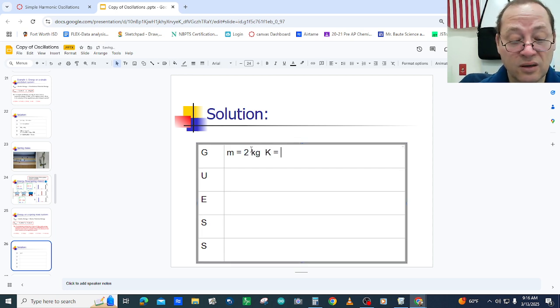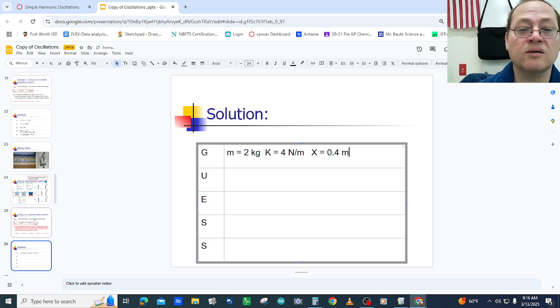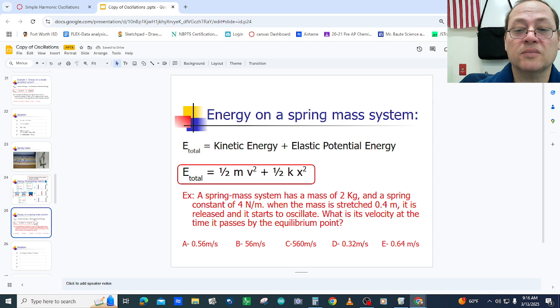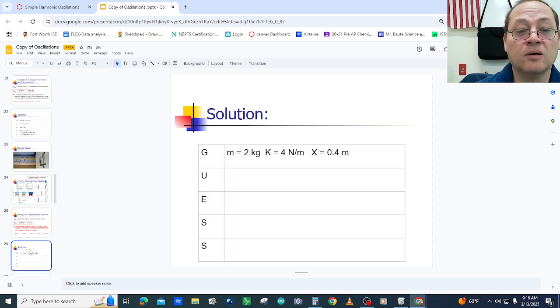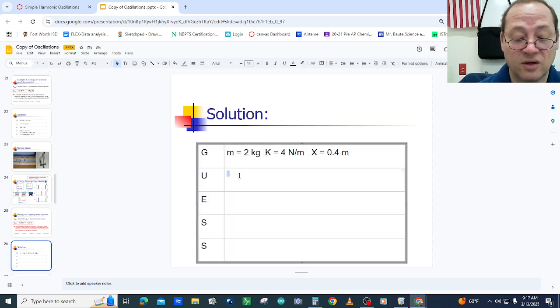K is 4 newtons per meter, and x is 0.4 meters. Is that correct? Let me check. Yes. So we need to find the velocity at the equilibrium point.